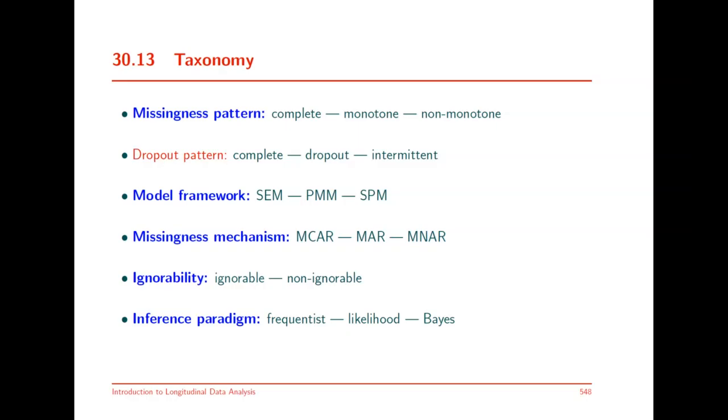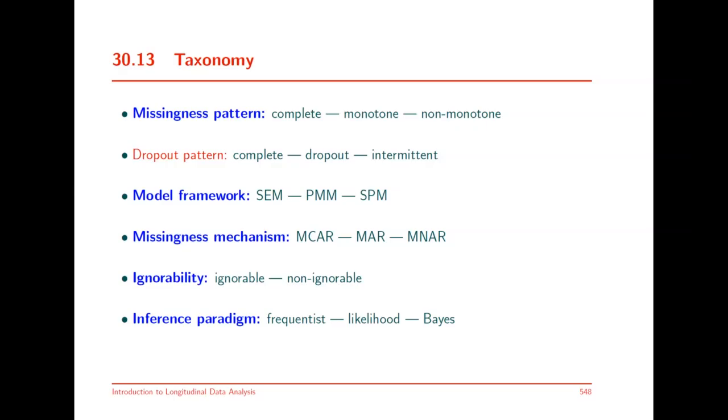Then there is the model framework. You, as a modeler, decide what model you are going to use, what model framework. That's a choice of the statistician, or actually the scientists. The mechanism, that's not our choice. That is the mechanism shooting holes in the data set, making or actually driving for every measurement, for every subject, the probability of being observed or not.